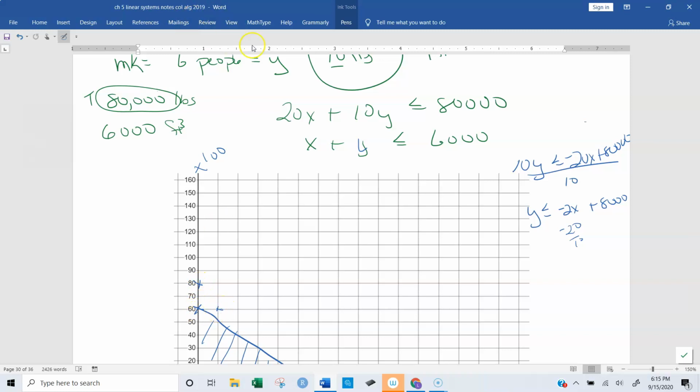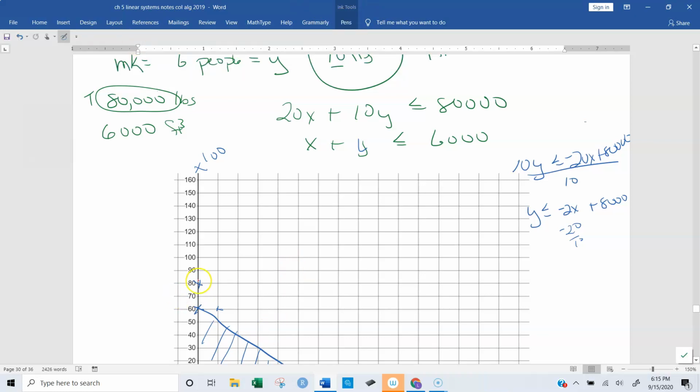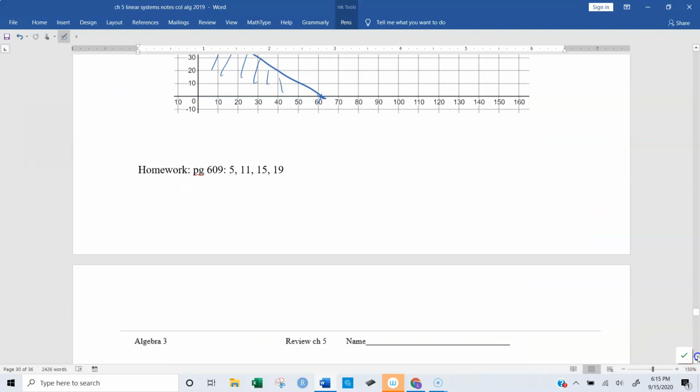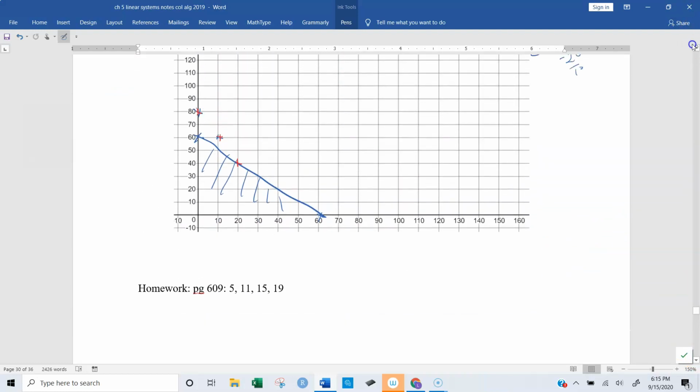I need a different color here so we can see what we're doing. Again, it's less than or equal to, go down 2 over 1. 2 over 1 and 2 over 1. So let's draw in our line. Again, when we plug in 0, 0, it's true, so it shades this way.